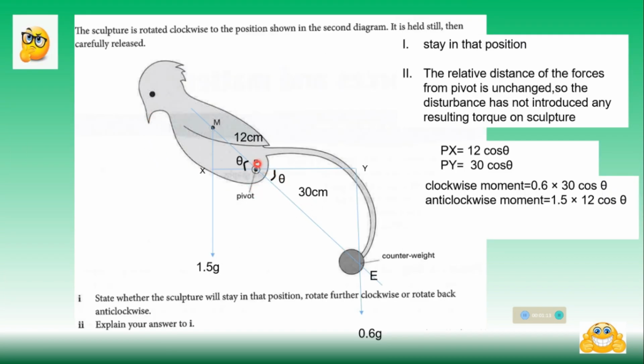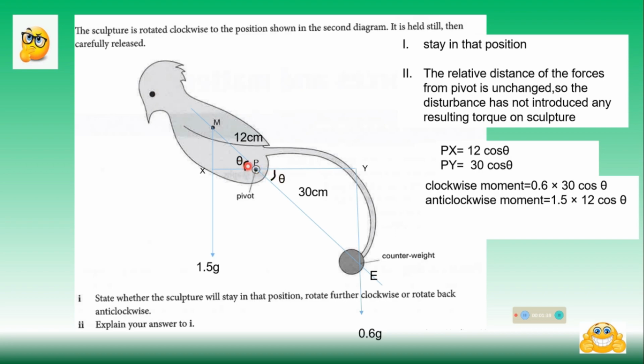Now in that position, PM and PE are not changed, but the perpendicular distances of the forces will be Px and Py. So force multiplied by Px will be the moment. If this angle is theta, the opposite vertical angles are the same.